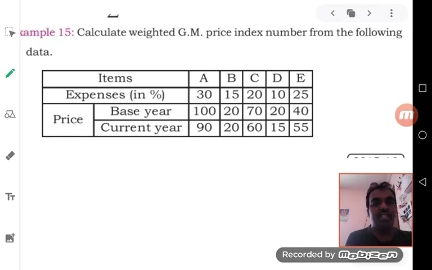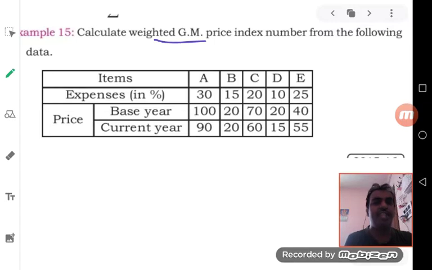Calculate weighted geometric mean price index number from the following data. Weighted geometric mean price index number. And look at the information given to us in the question. They have given items. 5 items are given. A, B, C, D, E items are given. They can give items, commodities or any other thing.